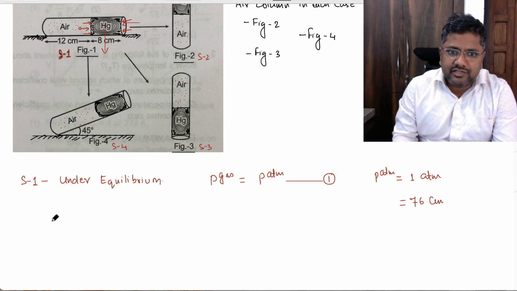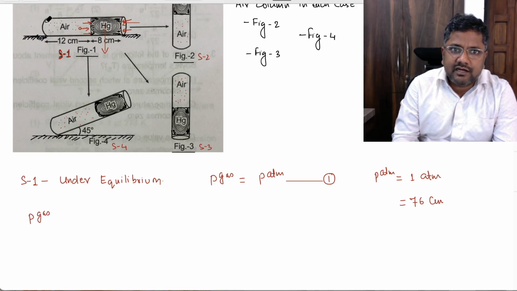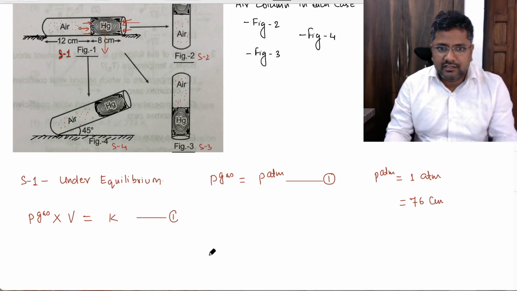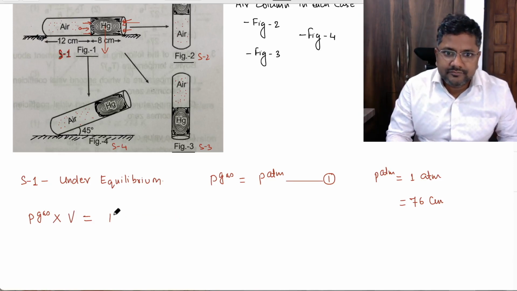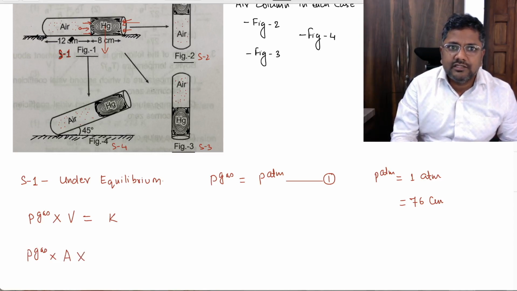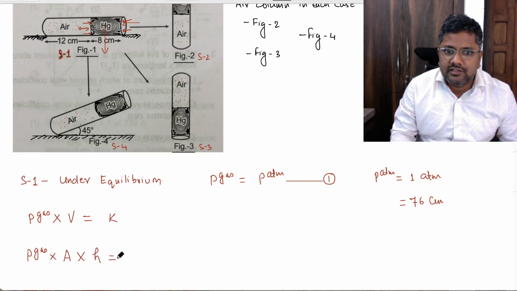N and T are constant, so you can write here pressure of gas, pressure of this air basically, into volume, this effective volume, is equal to K at constant N and T. And you can write pressure of gas into cross section area of the tube into this H is equal to K at constant N and T.